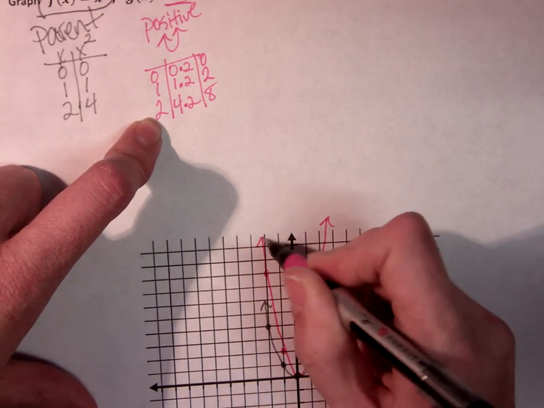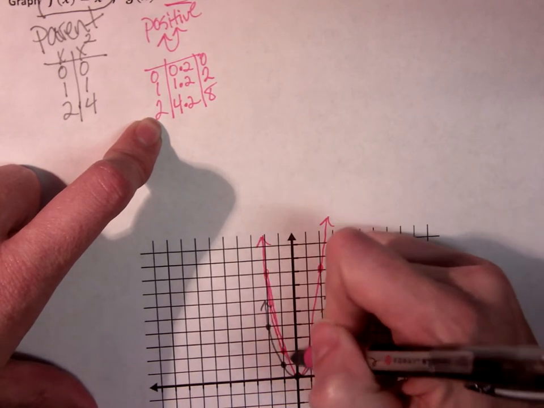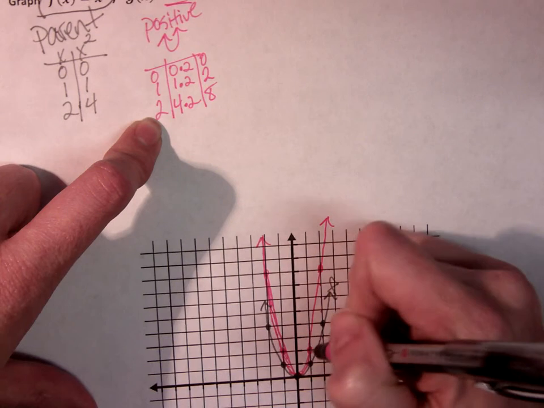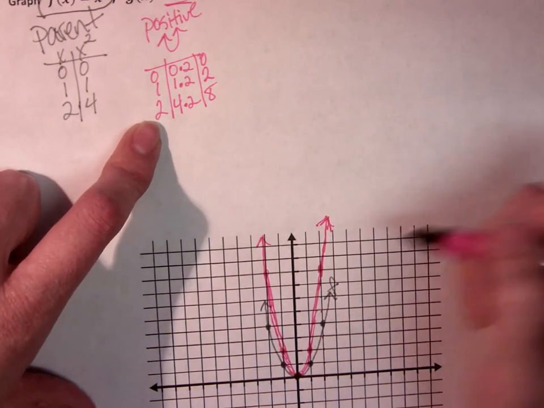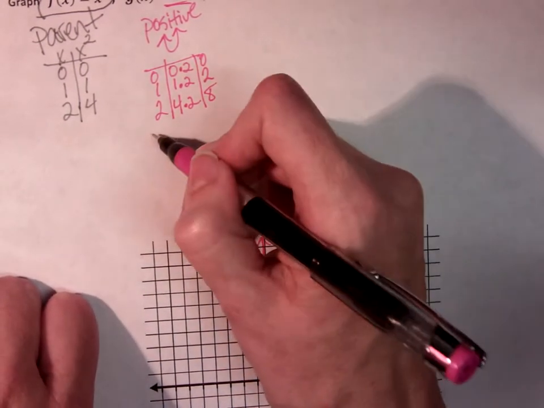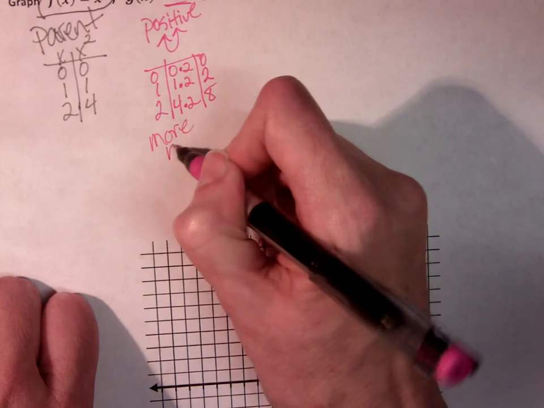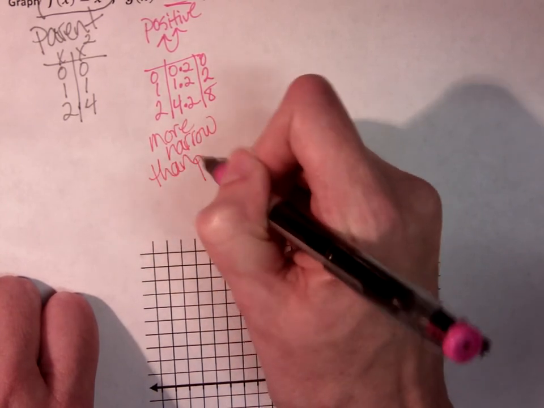Wow, that is really pointy. Okay, it's much more narrow. Okay, and so we're going to write that down, that it became more narrow than the parent.